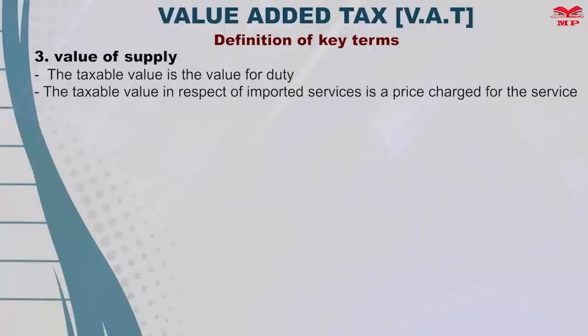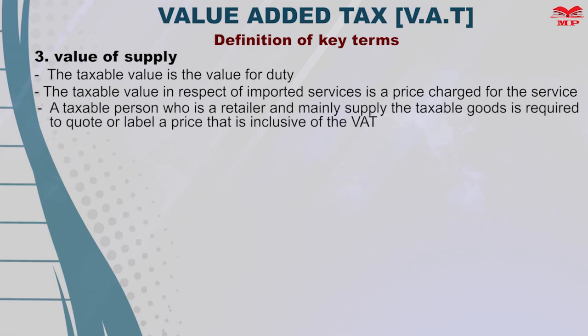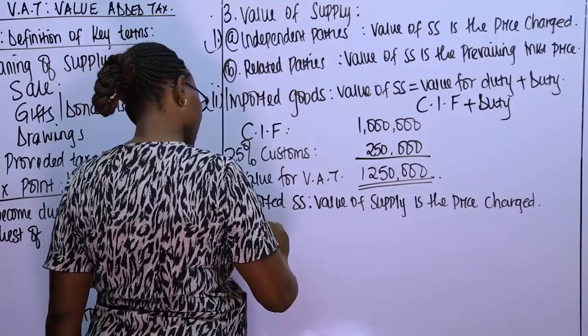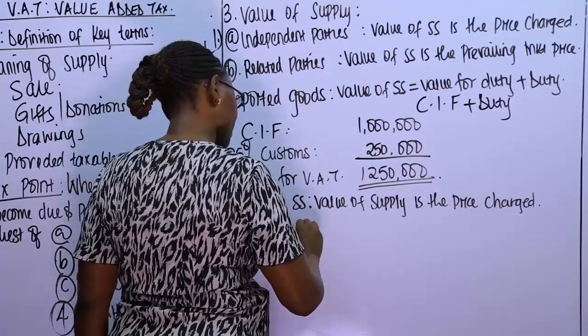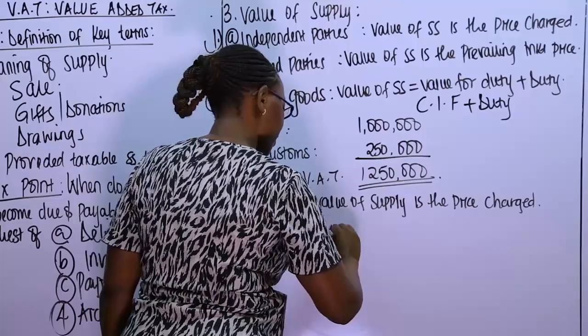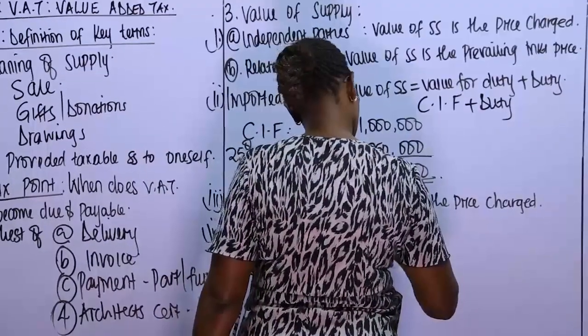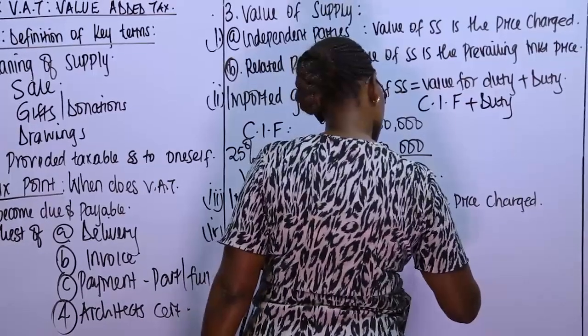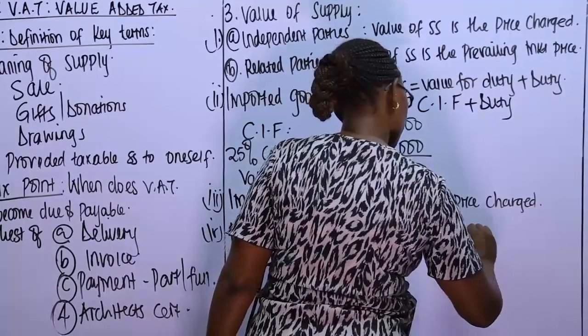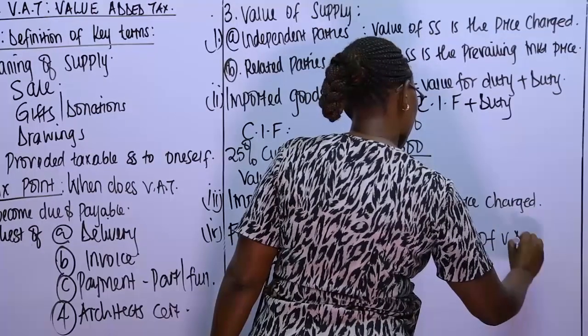So the next one is a taxable person who is a retailer and mainly supplies taxable goods is required to quote or label a price that is inclusive of VAT. So he's saying for retailers, always quote prices inclusive of VAT.